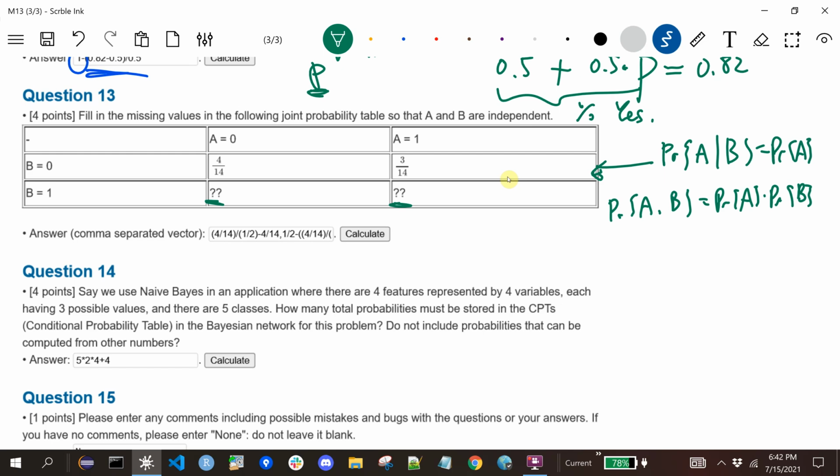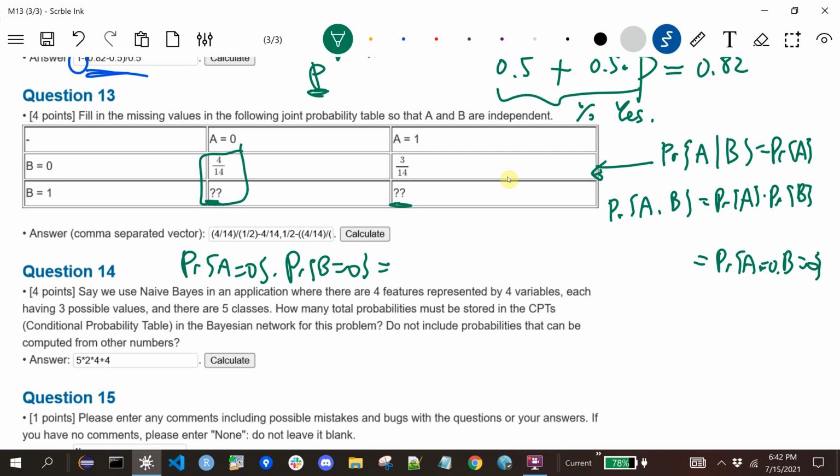So in particular here, I'm going to just do probability of A is 0, probability of B is 0, and hopefully at the end, it's going to be equal to probability of A is 0 and B is 0 at the same time. So probability of A is 0 is the sum of these two. Maybe let's use the variable P here again.